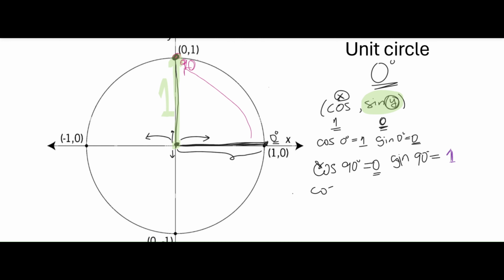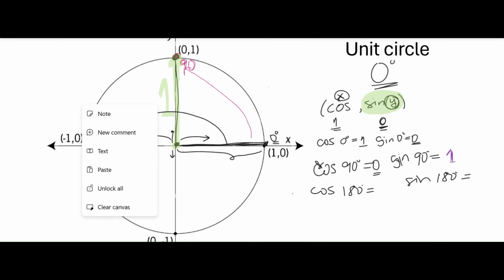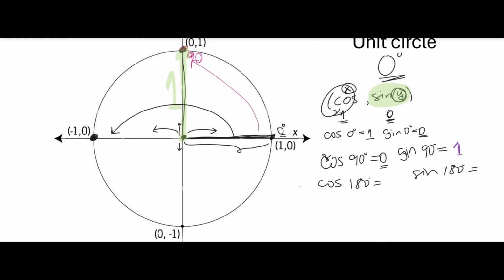Now we go to cosine of 180 degrees and sine of 180 degrees. 180 degrees is all the way here, right? Cosine, remember, is on the x-axis. So, how much did we move on the x-axis to reach 180 degrees?